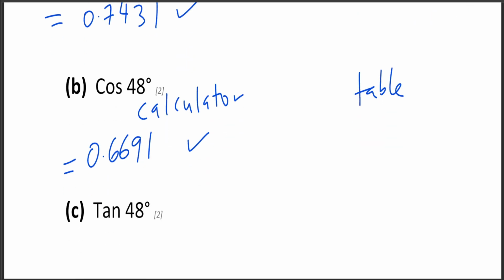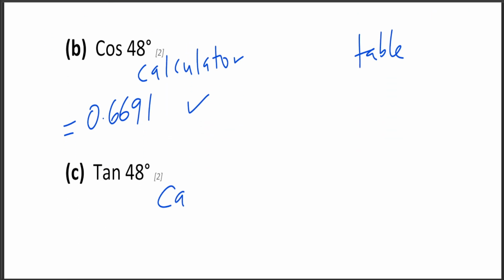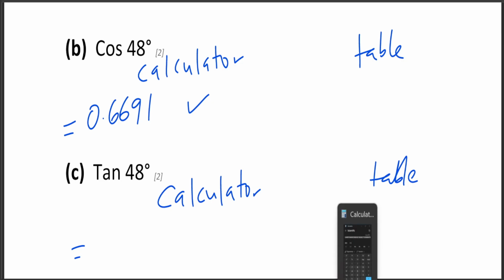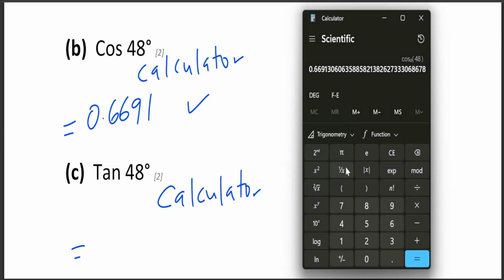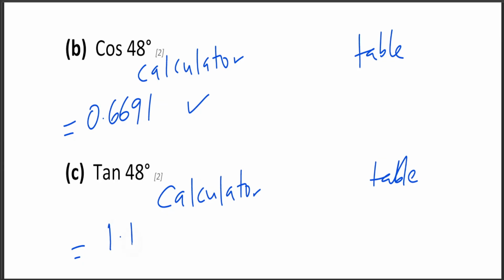Sawa. Na last one is tan 48, calculator, and then you have the table. The table one tutaifanya, so don't worry. So tan 48 is going to be, if you use the calculator, utabofa 48 obviously, then tutabofa tan, which is 1.1106, 4 decimal places.